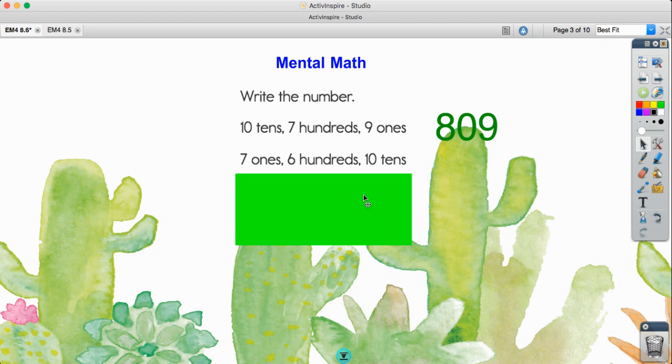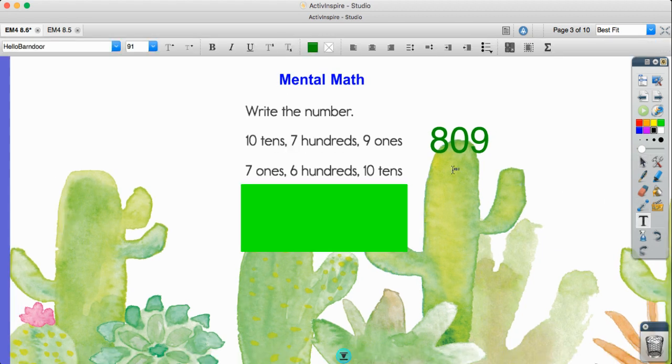7 ones, 6 hundreds, and 10 tens. Write the number. This would equal 707. Great job.